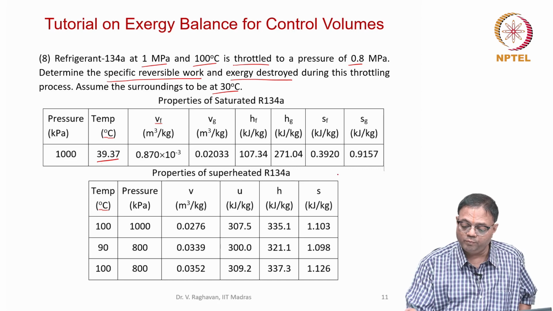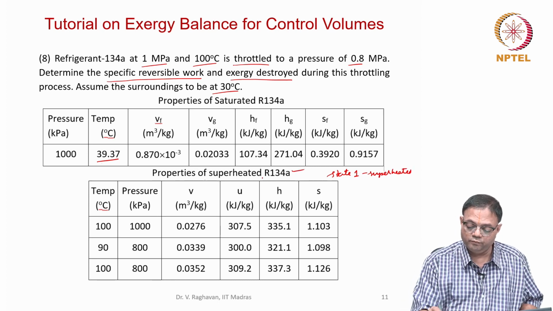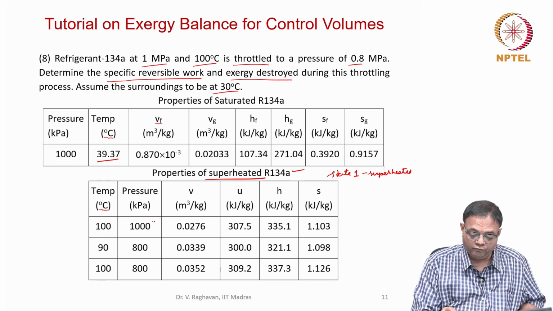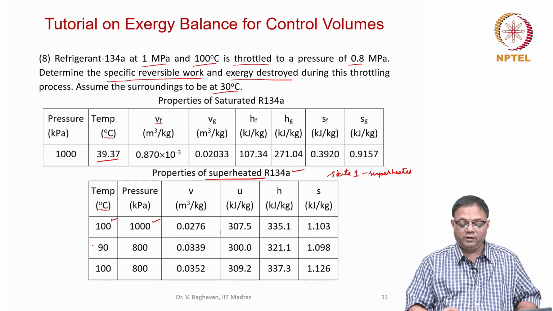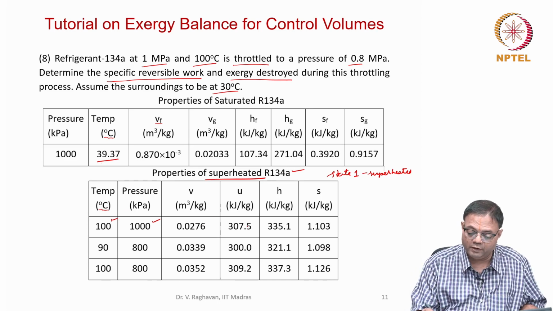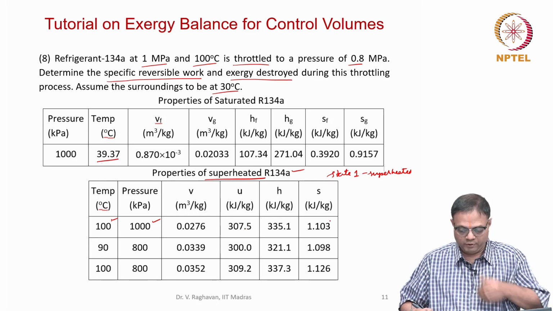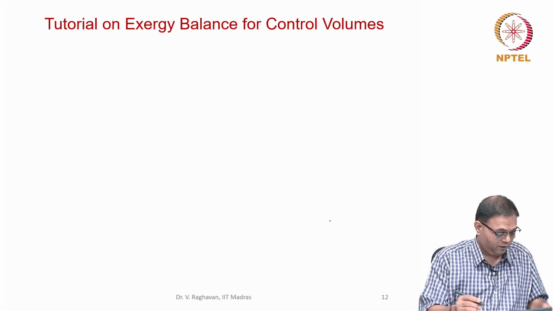So, state 1 is superheated vapor. We go to the superheated tables where, corresponding to this pressure and 100 degrees centigrade, I can retrieve the properties like specific volume, specific internal energy, specific enthalpy, etc. Okay, now let us go and solve this problem.